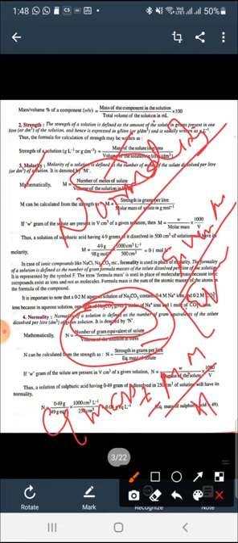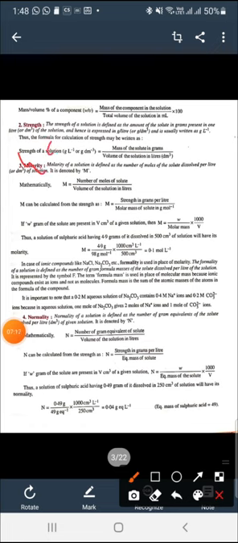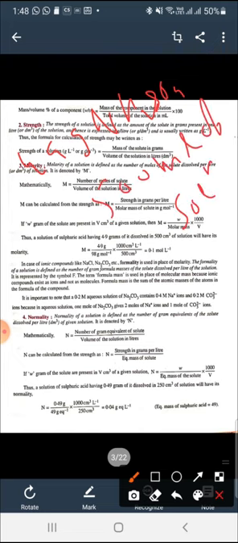So let us take an example. The similar example we are taking: 4.9 gram of H2SO4 is added to a particular solvent to make 500 ml of solution. We have to find its normality. So number of gram equivalents upon volume of solution, that is 500, and if in ml we will multiply it with 1000.